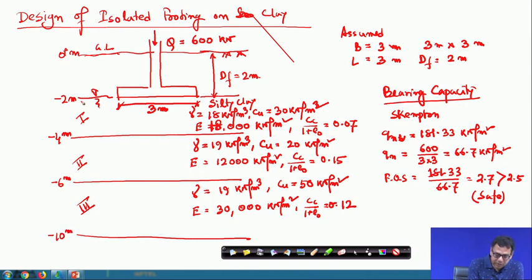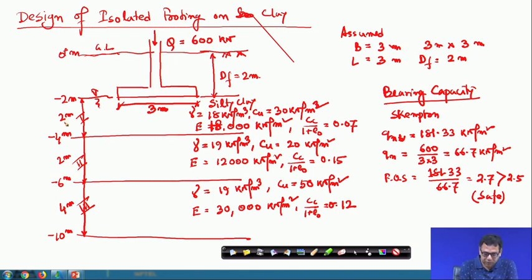The thickness of the first layer is 2 meter, the second layer is also 2 meter, and the third layer is 4 meter.